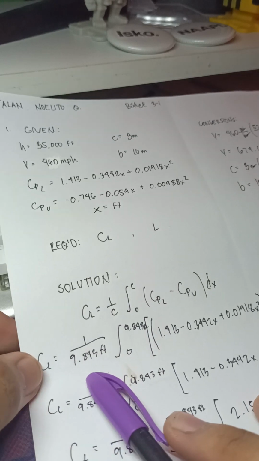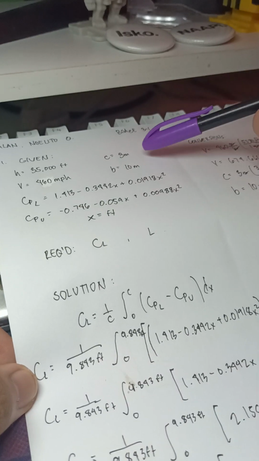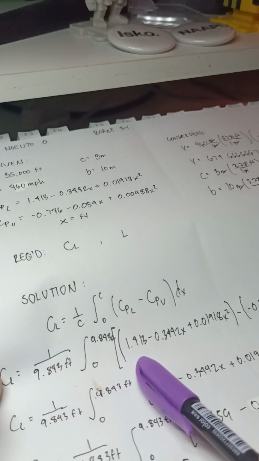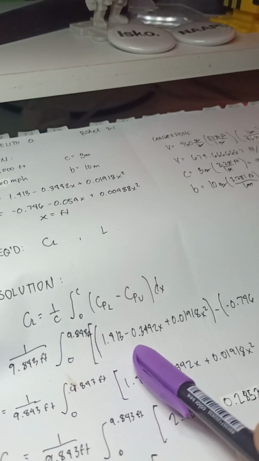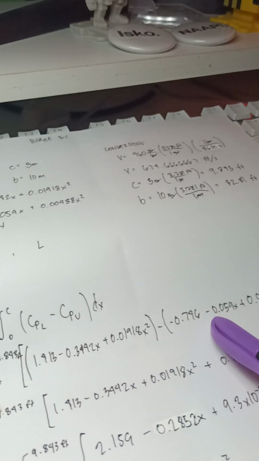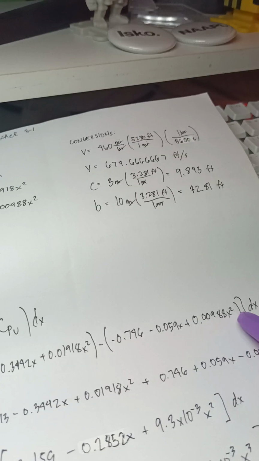Our chord is given in meters, so we convert it into imperial. And then, the first given pressure coefficient minus the upper coefficient here.